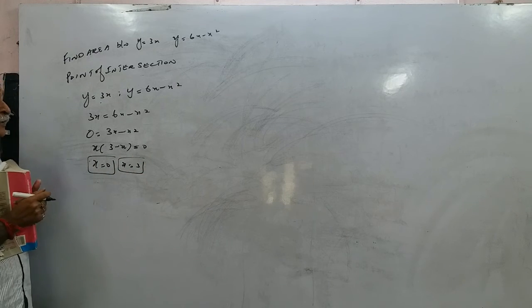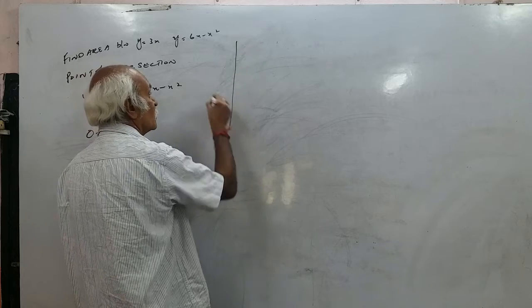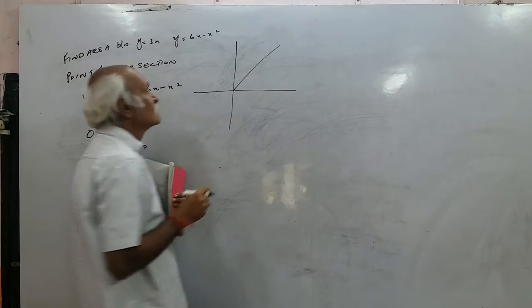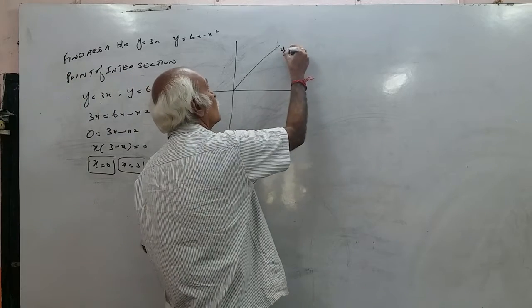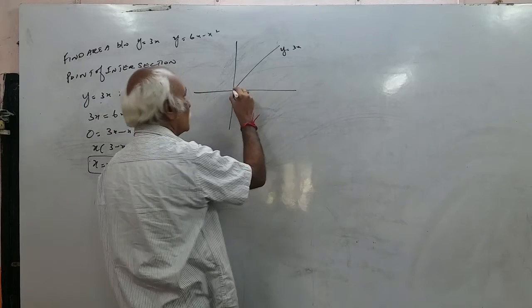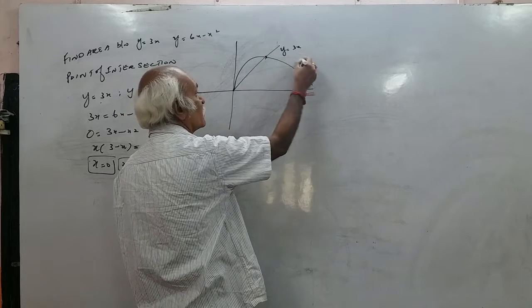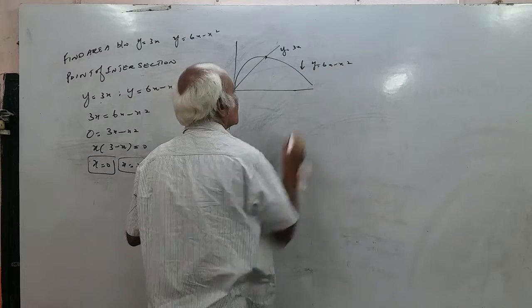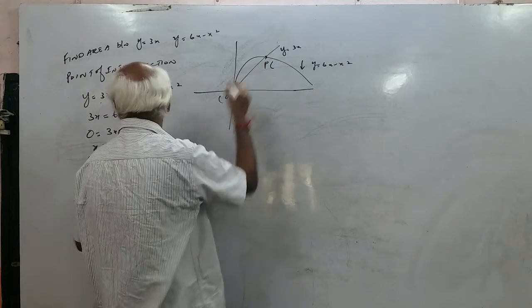Now we got the points, sir. Now the first one is a straight line. What is that? We get a straight line, y is equal to 3x. The second one is a curve. So this is 0 comma 0, and here the point is what, sir?